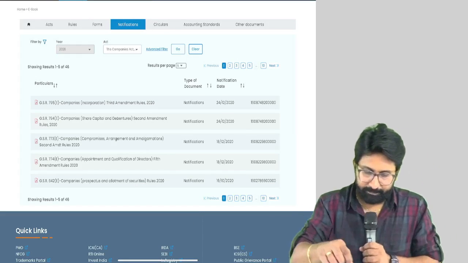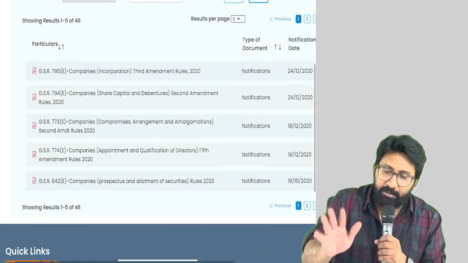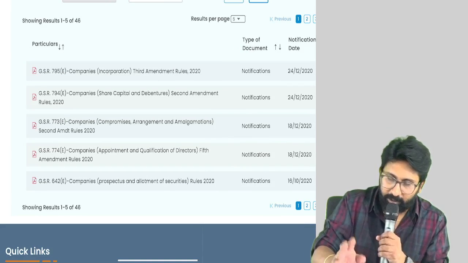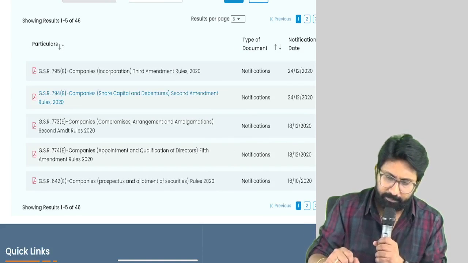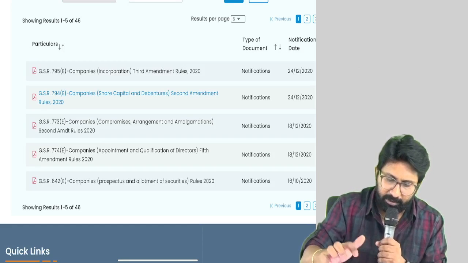See the screen. Randomly, I'm picking one point. Some amendments are there. That amendment document I'm opening.